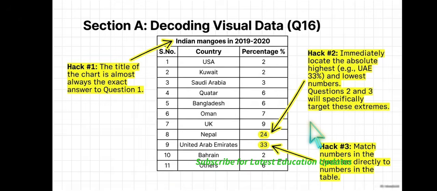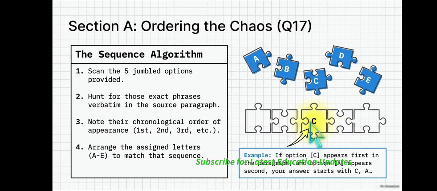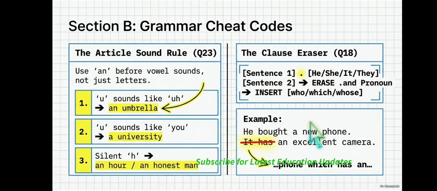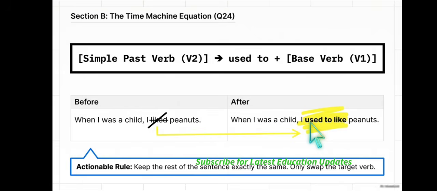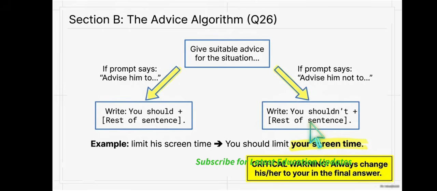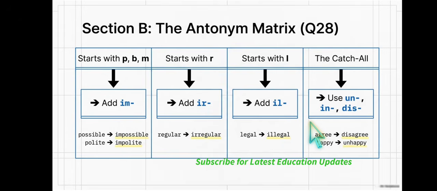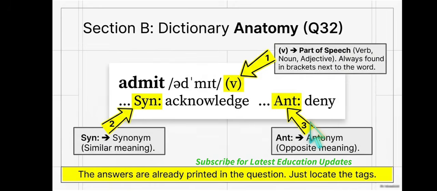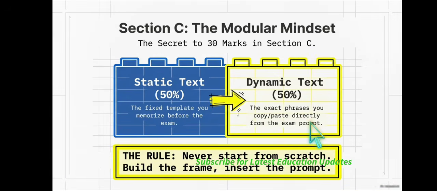For example, question number 1 to 17, how to do well to maximize the score in Section A. Then how to cheat in the grammar, and the different techniques that can be used to maximize our scores in Section B. Then Section C, which is very important, the modular mindset.